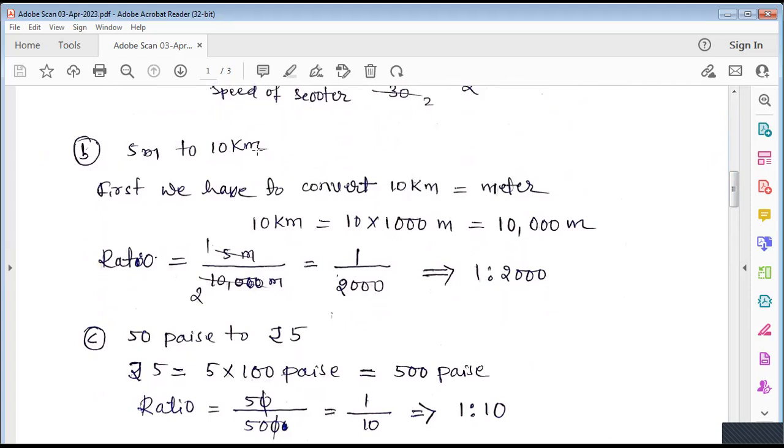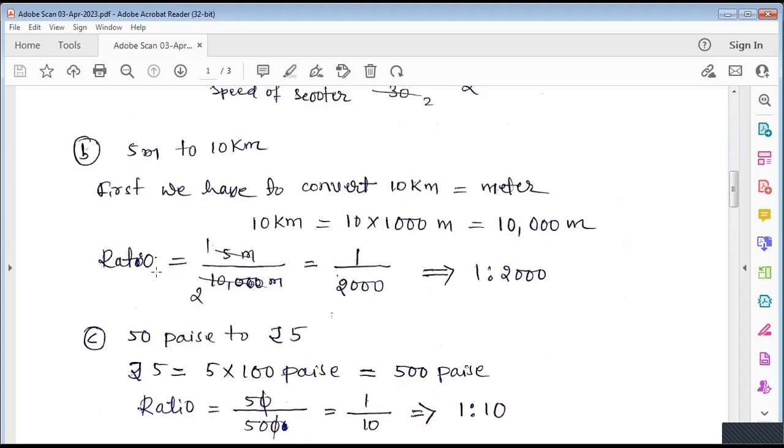First, we have to make them have a common unit. So this 10 kilometer is converted into meter in this way. 10 kilo means 1,000, so 10 into 1,000 is 10,000 meter. So 10 kilometer is nothing but 10,000 meter.